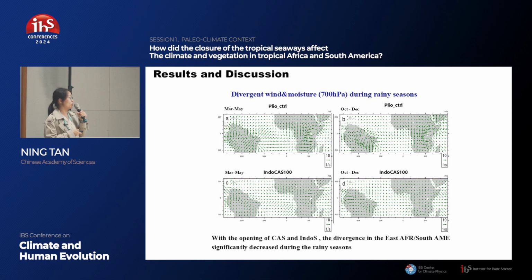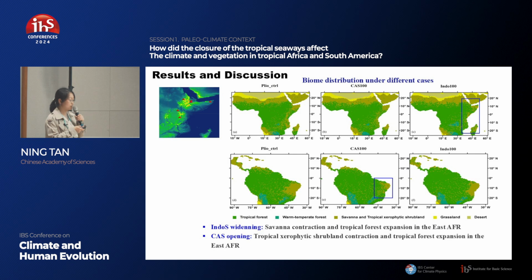And when we open these two tropical seaways, these two strong divergences disappear. So this can promote a rainfall increase for these two regions. This is very interesting, and this climate can lead to significant vegetation change in these two regions.